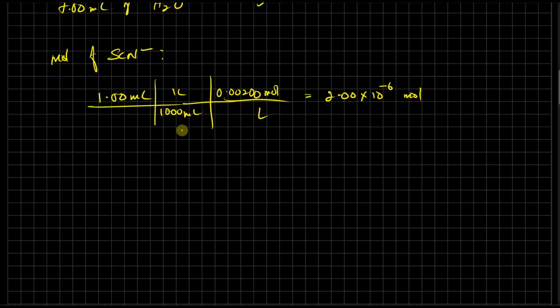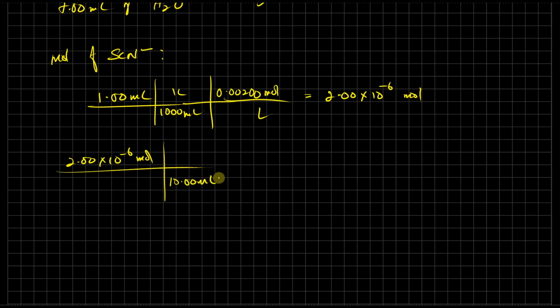And then if you want the concentration, you take that number of moles and divide it by the total volume, which is 10 milliliters, but of course we want this in liters. So moles over liters will give us a concentration of 2.00 by 10 to the minus 4 molar.